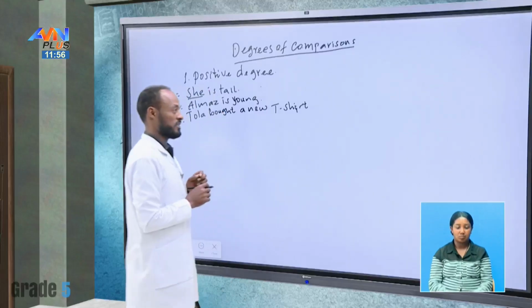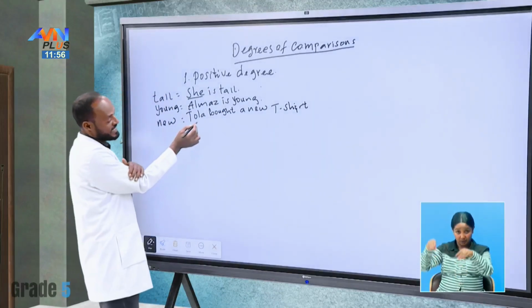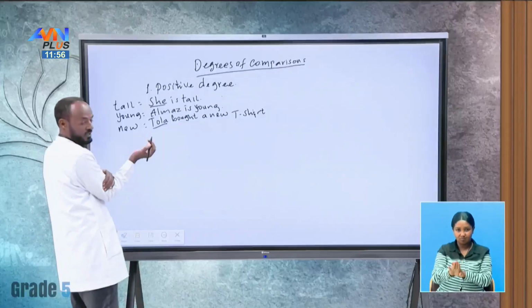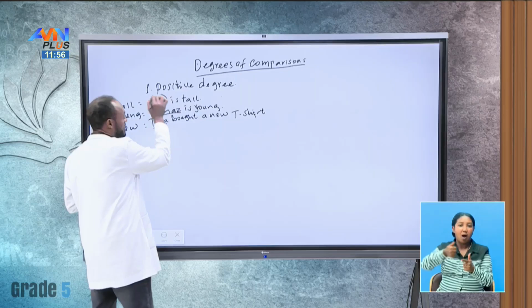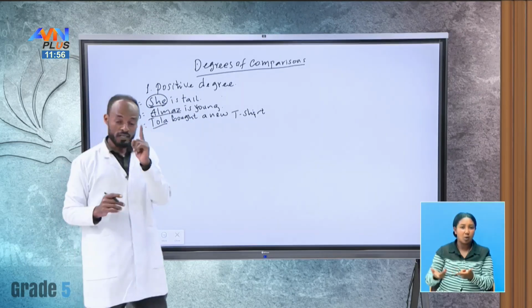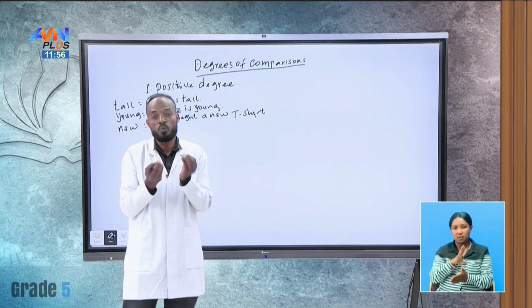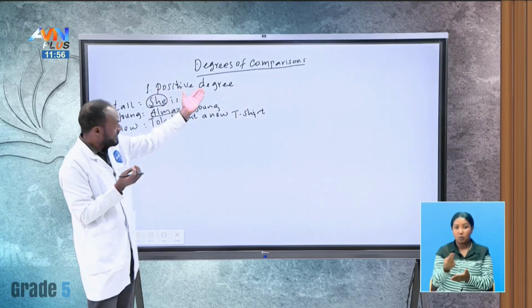Here, students, in this sentence, we're talking about Tola. And also here is Almaz, and she's also one person. That's the reason why we're using positive degree.